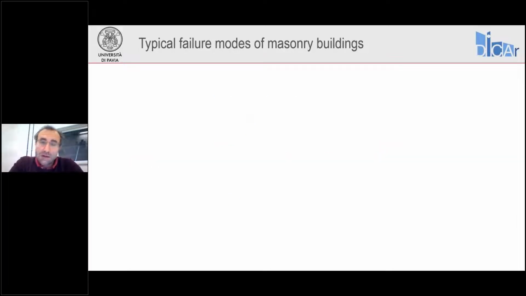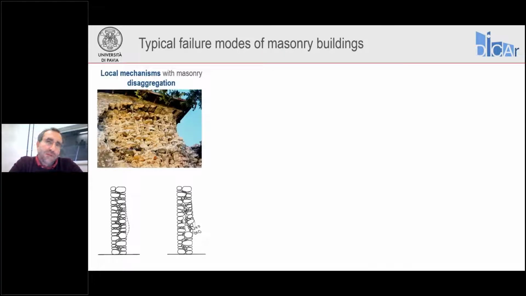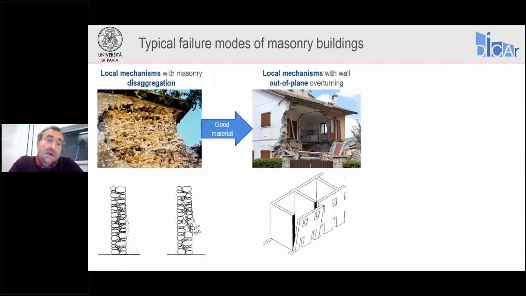Now, let's recall very quickly how a masonry building may fail, the main failure modes for this kind of building. First problem is the quality of the masonry. If the masonry is really poor in terms of mortar strength, blocks, stones, shape of the blocks or the stones and their interconnection, well, we may have failure of the material itself.